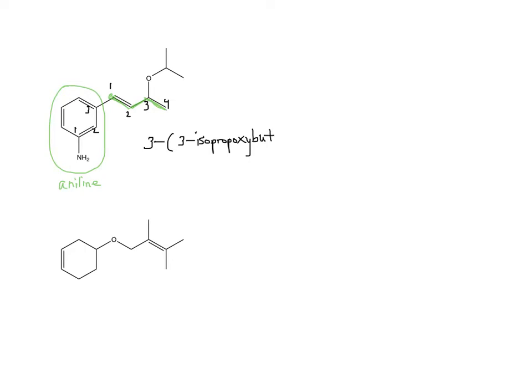There's an ene at number 1, so but-1, and it's E, it's stereochemistry. But-1E-ene, and the point of attachment is number 1, so 1-yl. And then aniline, the easy part. So there's aniline.